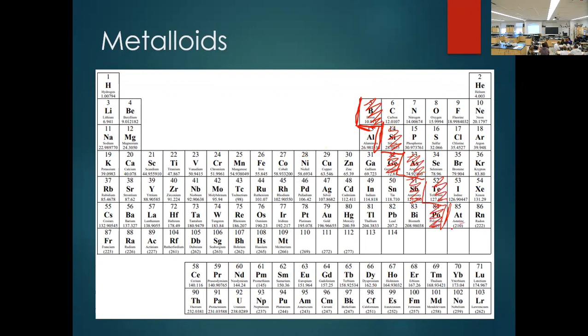Let me come around and see how we're catching up on that. If you have other ones colored in, you were gone yesterday. Let me get you a periodic table.